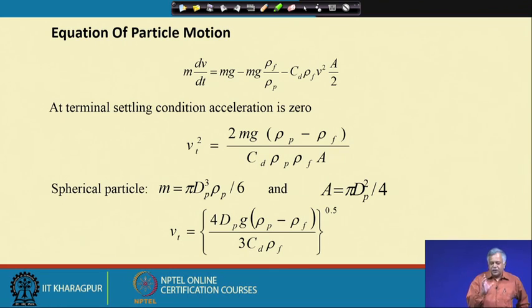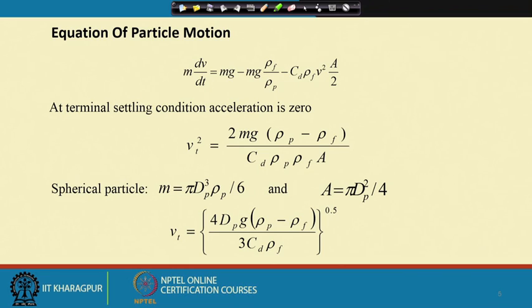This is a general expression for the terminal settling velocity calculation in a free settling condition of a particle having spherical shape in a stagnant fluid medium. So many clauses are there, be careful about that. This is the general expression for settling velocity of that particle.